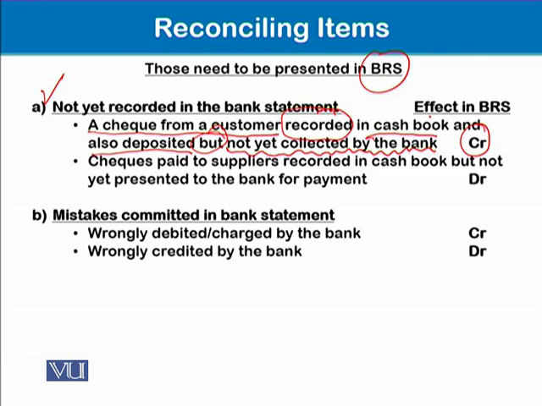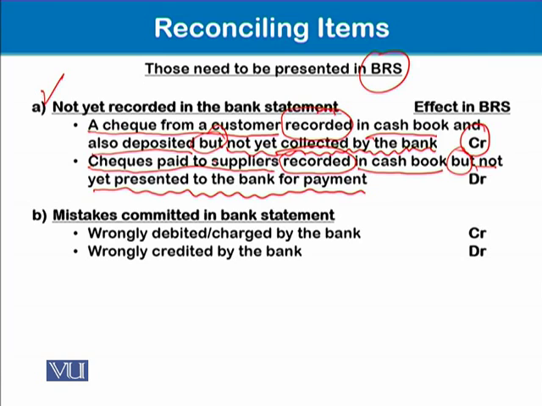Well, the second one is the check that you have paid to a supplier or someone, and you have already recorded that in your cash book, but that has not yet been presented to the bank. The person to whom you paid that check did not present it in the bank, against which the bank did not make any payment.